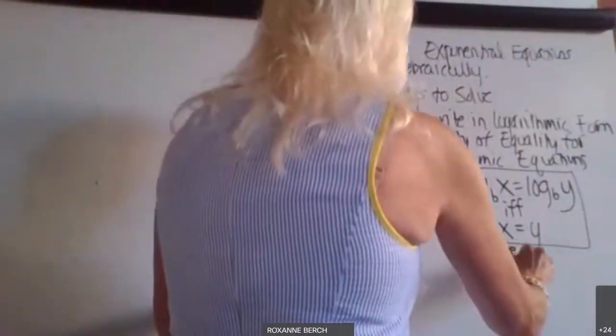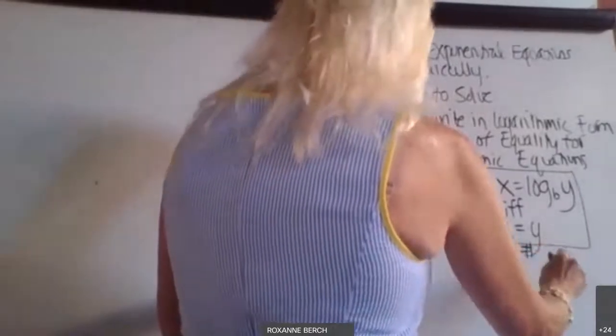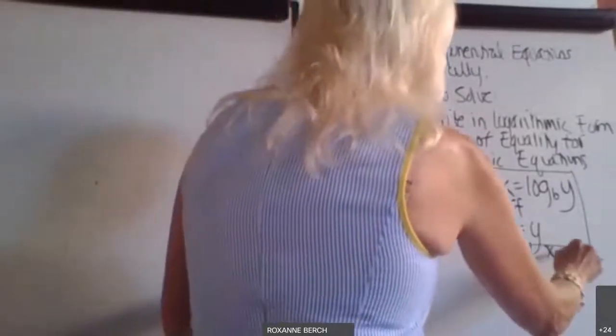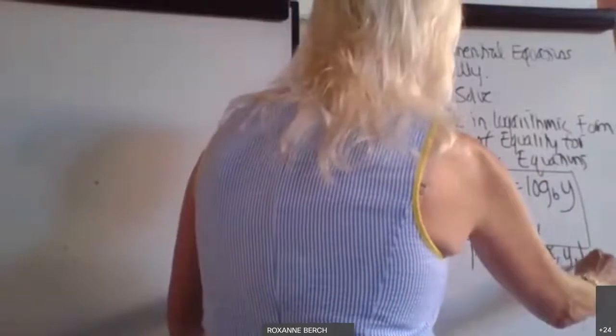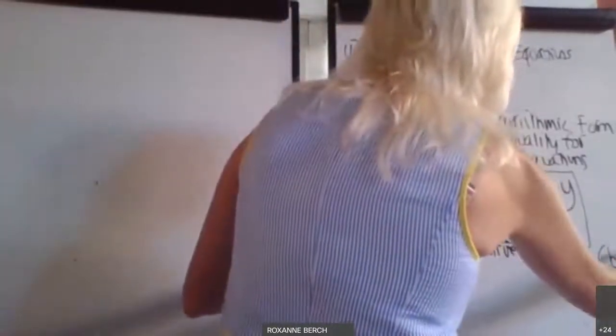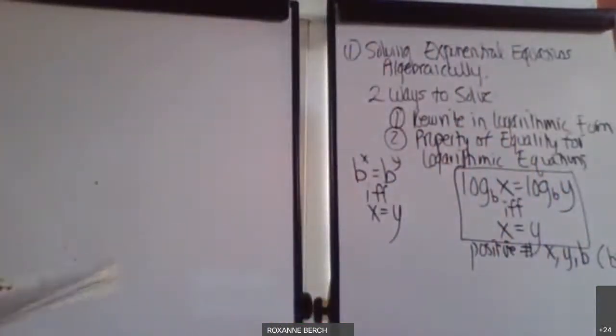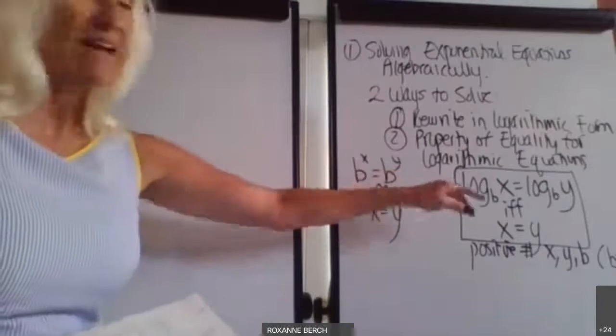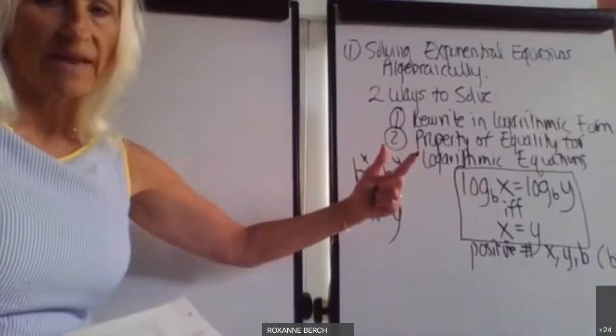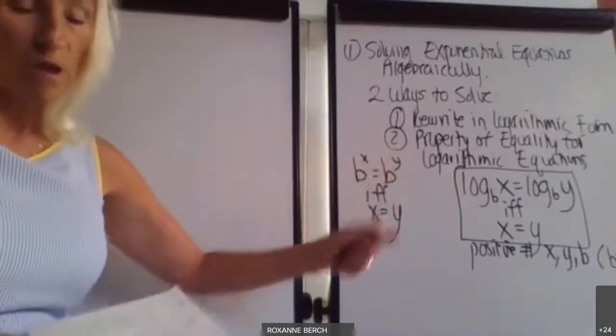This is for positive numbers x, y, and b. And b, by the way, cannot be 1. So not only does the base have to be positive, it can't be 1.